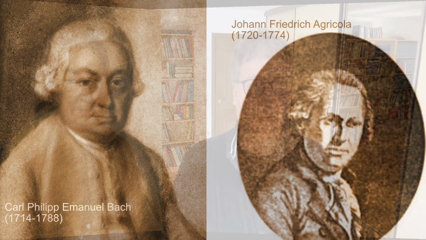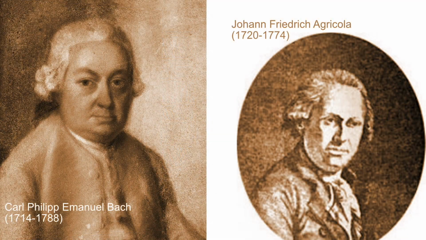Both authors came from the inner circle of the Bach family or surroundings. Carl Philipp Emanuel was Bach's second son, and Johann Friedrich Agricola had been a student of Bach. So the main question here is, how much weight should I give their text?